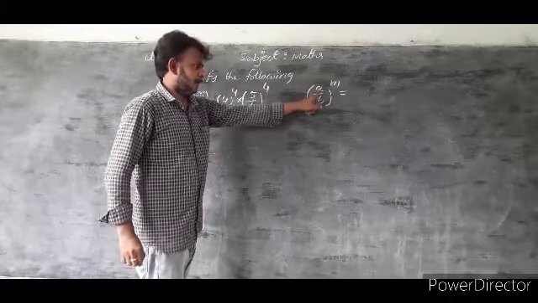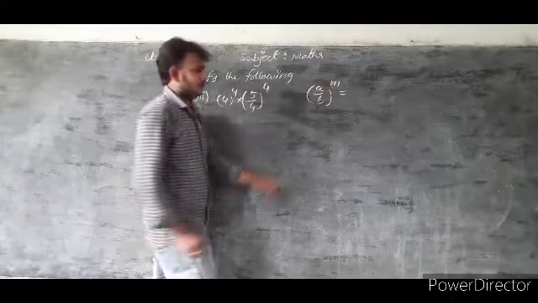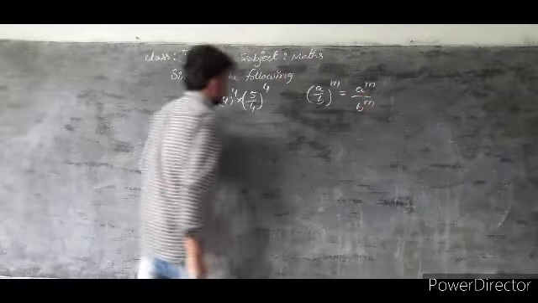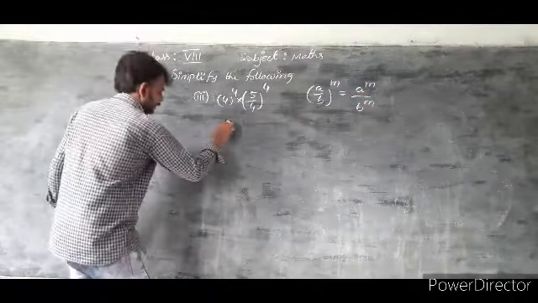We know that (a/b)^m = a^m / b^m. In the same way, (5/4)^4 is written as 5^4 / 4^4. So 4^4 cancels.